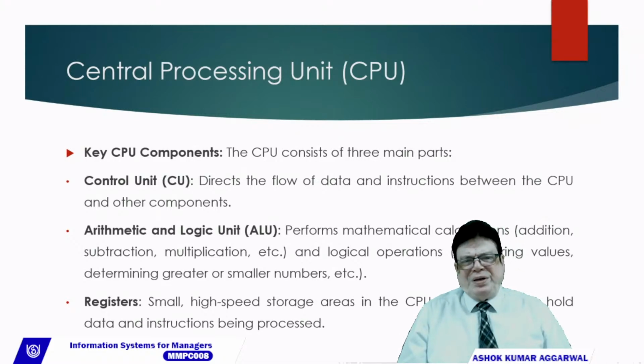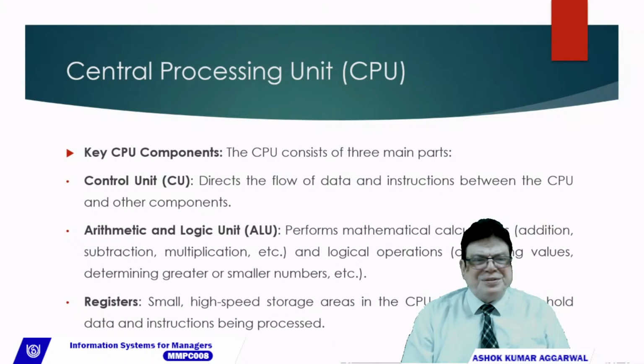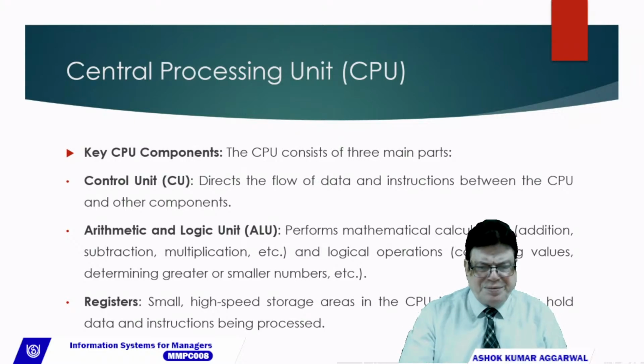Arithmetic and logic unit, ALU, performs mathematical calculations like addition, subtraction, multiplication, and logical operations like comparing values, determining greater or smaller numbers. The next is registers, small high-speed storage areas in the CPU that temporarily hold data and instructions being processed.